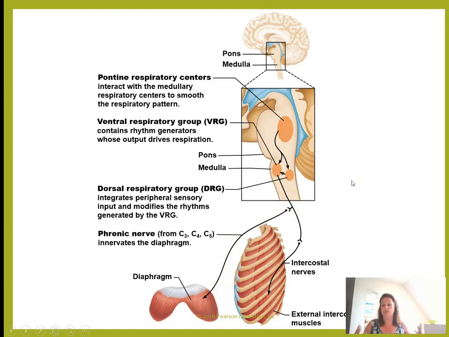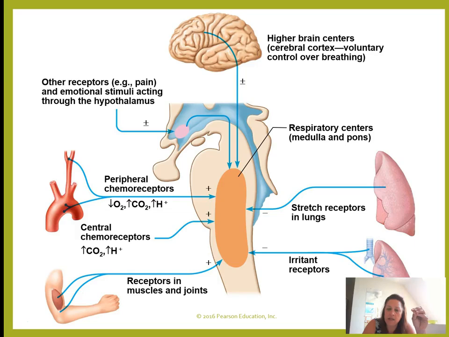How often? How deeply? How much contraction? Is it just a little, or is it a big one? So that's all the pontine respiratory center, the ventral and dorsal respiratory groups of the medulla, and the phrenic and intercostal nerves.